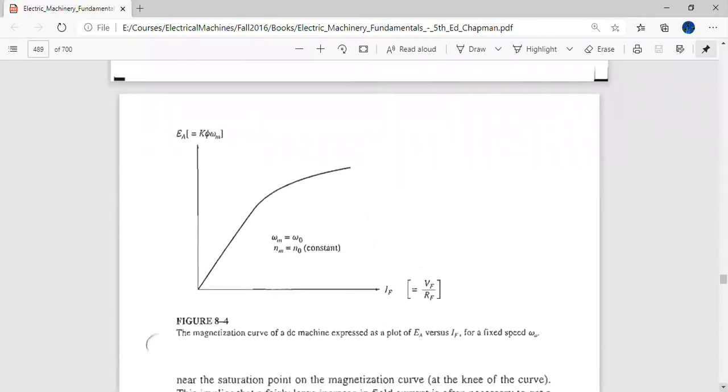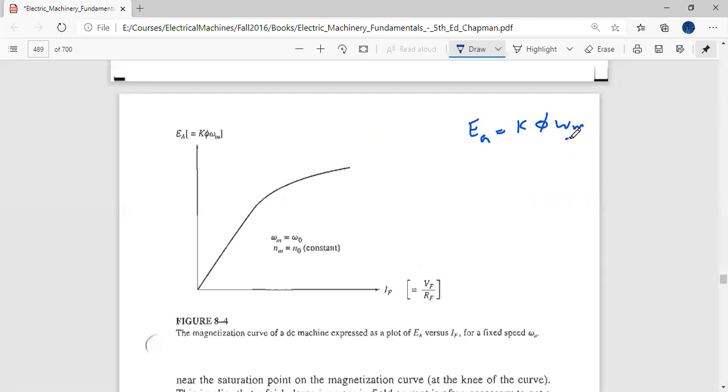Okay, so if we see the corresponding graph of field current, which is causing the flux, against EA, and we keep omega m constant, just let me scribble it for you here. We had already seen that EA is proportional to K phi omega m.